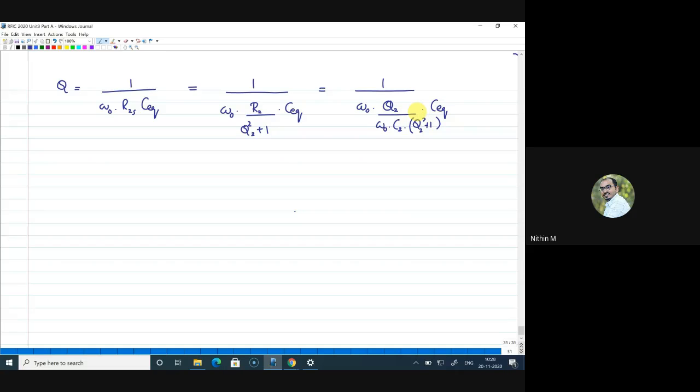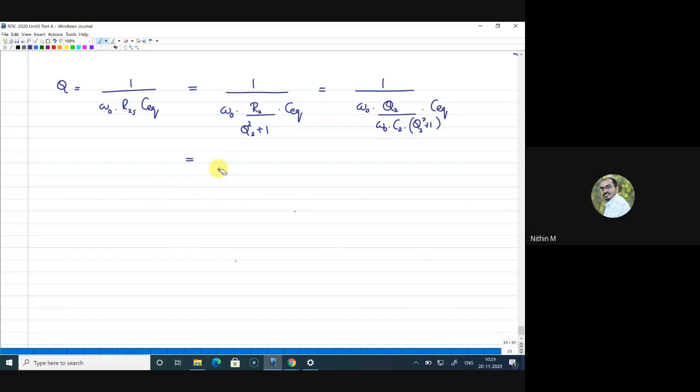So I have written the Q factor of the branch C1, C2S, R2S as Q equals 1 by omega naught into R2S into C equivalent. That is equal to 1 by omega naught into Q2 by omega naught C2 into C equivalent by 1 plus Q2 square. Right. So omega naught will get cancelled from this. So if I put in the above value for C equivalent, substitute and let me know what the Q factor will be, by bringing in the C equivalent term also.